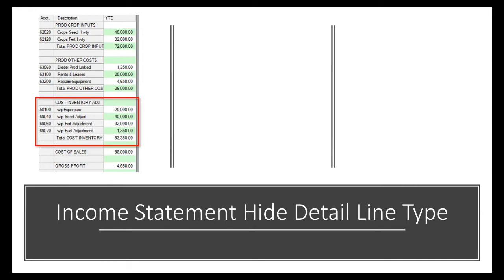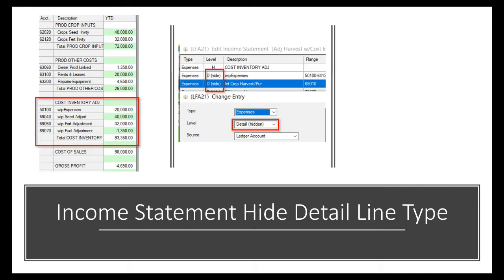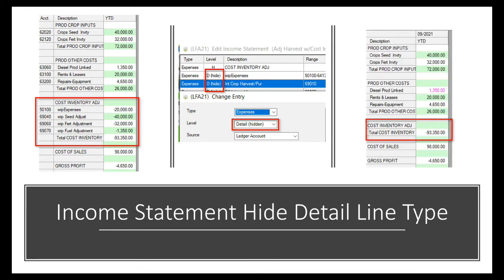What do they mean? So another trick that we developed was where you can hide the detail of individual lines within that report section. In the income statement setup, under the level, you can select detail hidden, and that will create a report that hides all the detail within that report section.